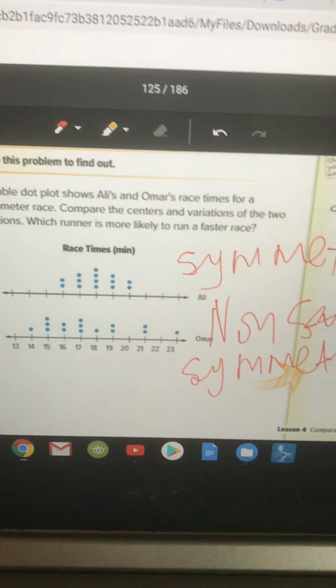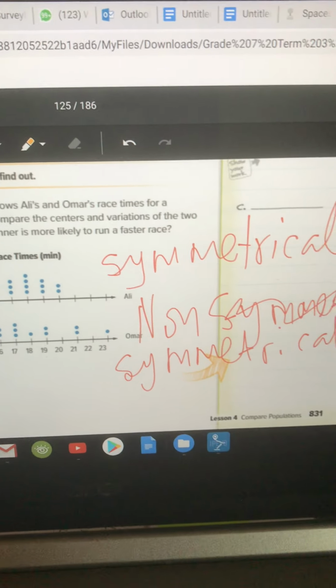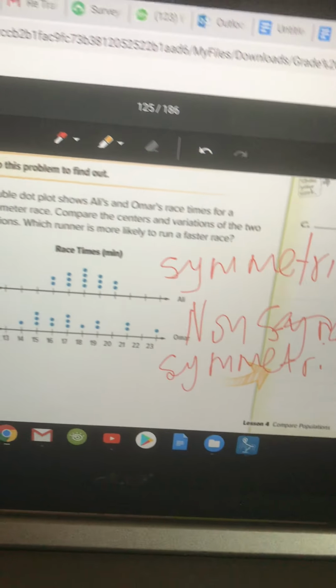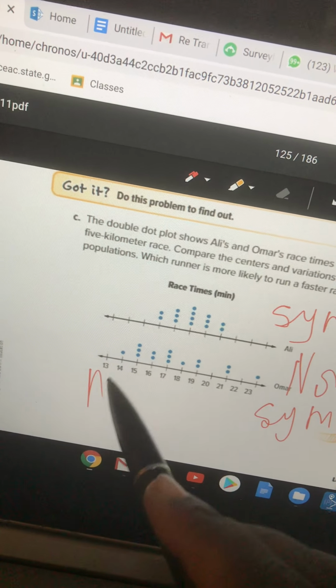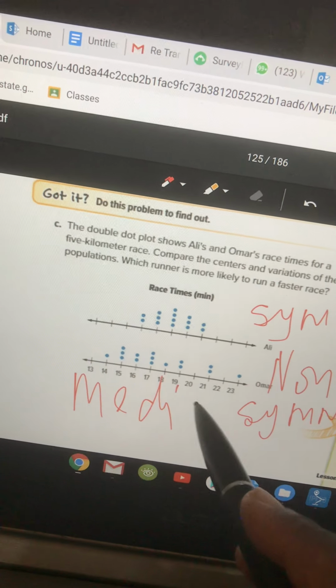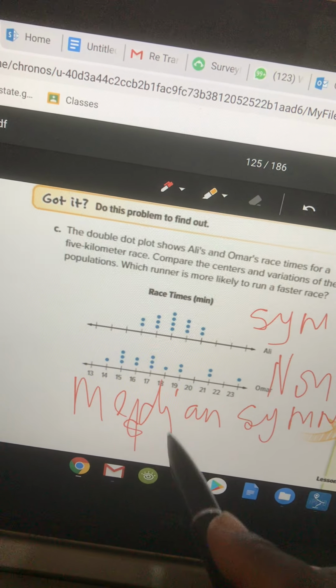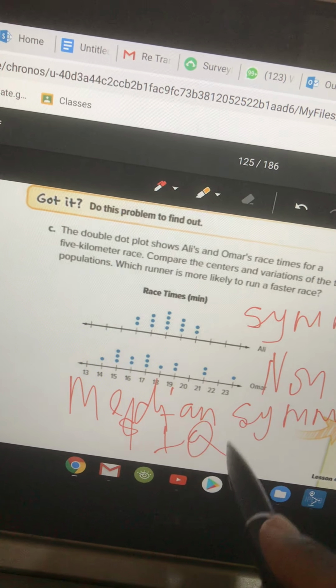Okay. Alright. So since this is symmetrical and non-symmetrical, we will do median and IQR. That's what we will do. Median and IQR. So I did Ali's data.